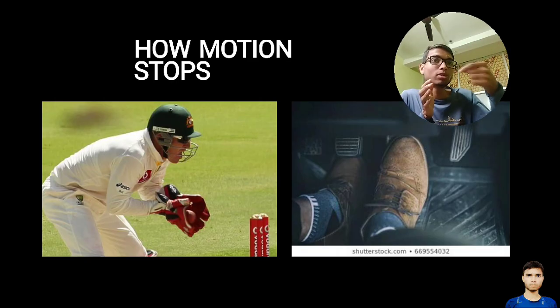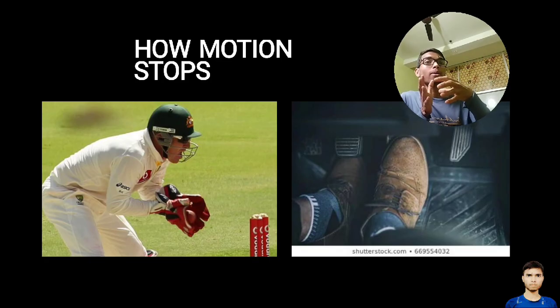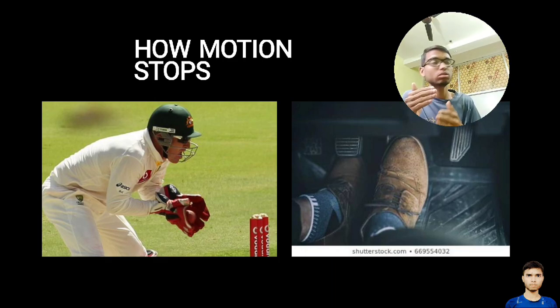Same here, an object which is moving, to stop that object we will again apply force. So what are you understanding? If an object changes its state, it means force was applied.